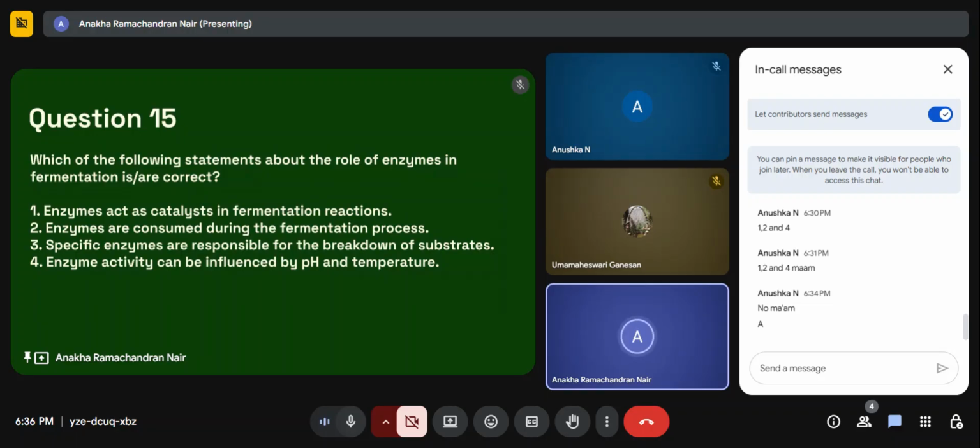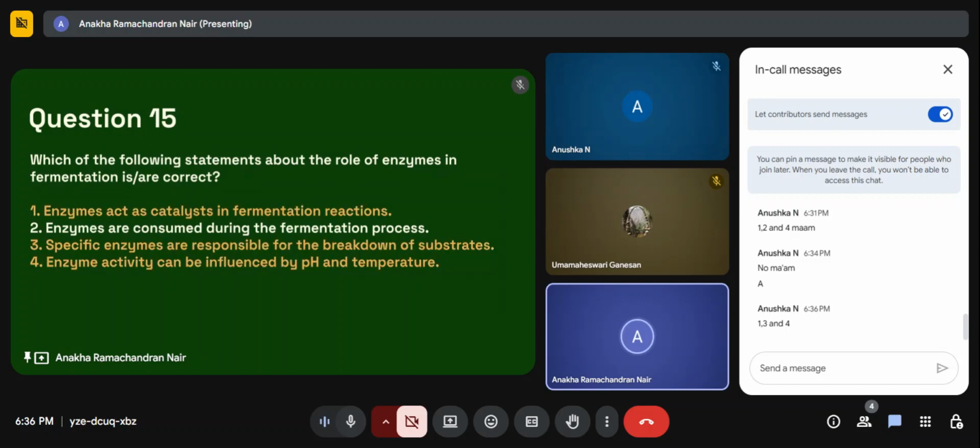So out of these, which do you think is or are correct? 1, 3, and 4. Let's see what the answer is.